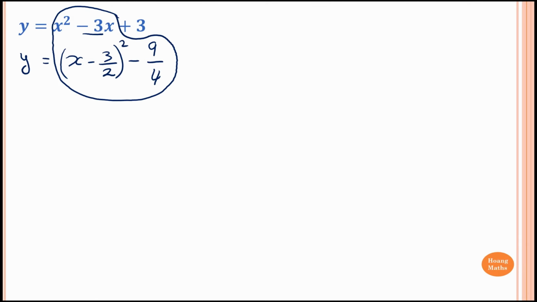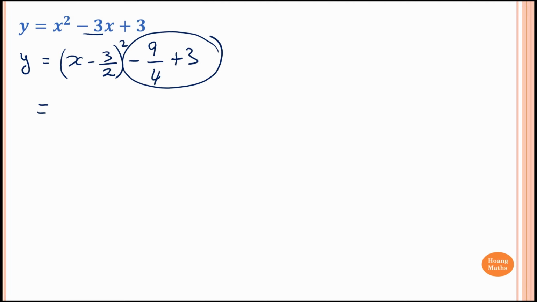Now these are the same. So the plus 3, I just write this down. So that means I just add 3. So I just simplify minus 9 over 4 plus 3 first. So I write x minus 3 over 2 down, all squared of course.